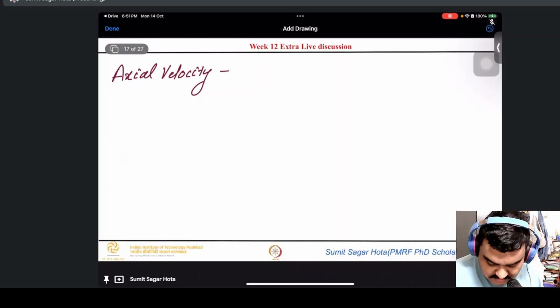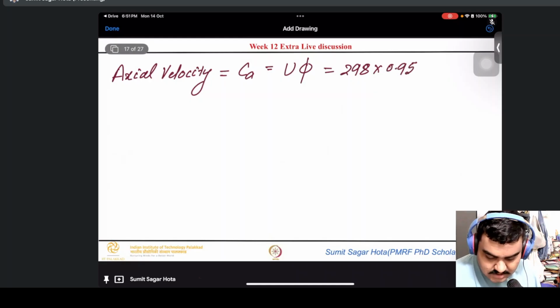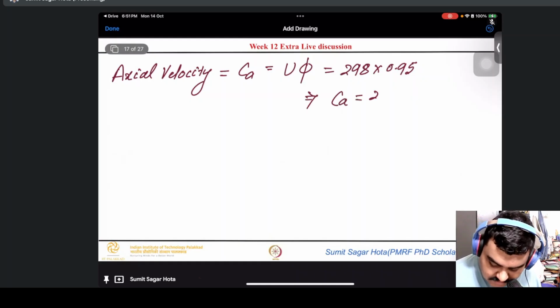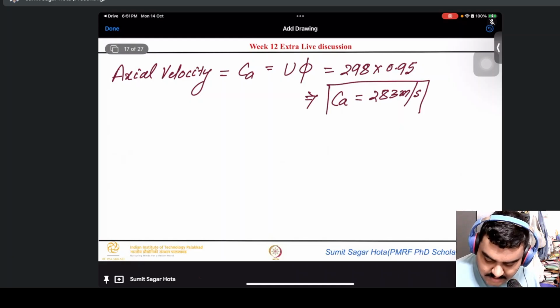CA is equal to U into phi, that's 298 into 0.95. So the axial velocity is equal to 283 meter per second.